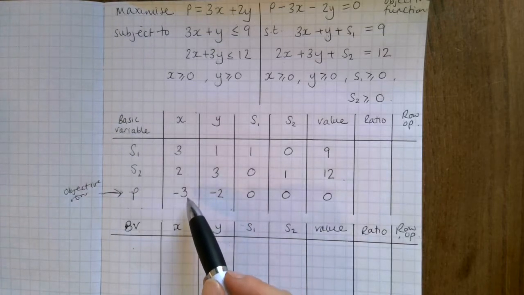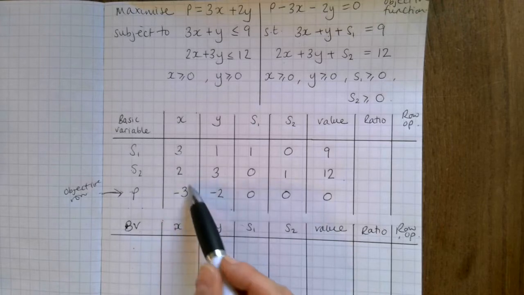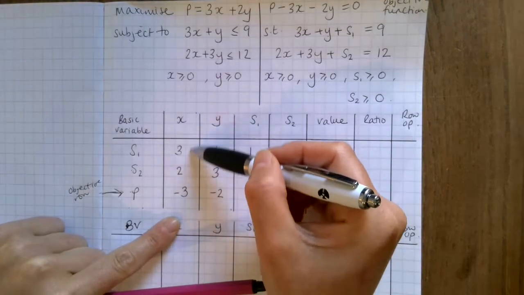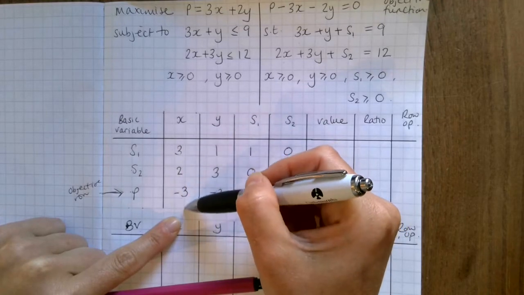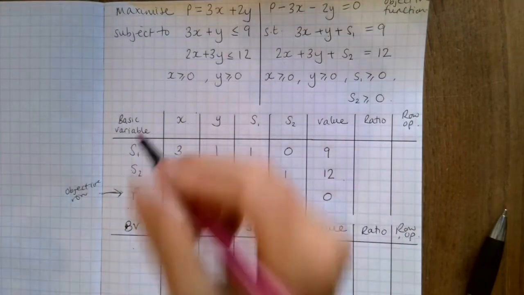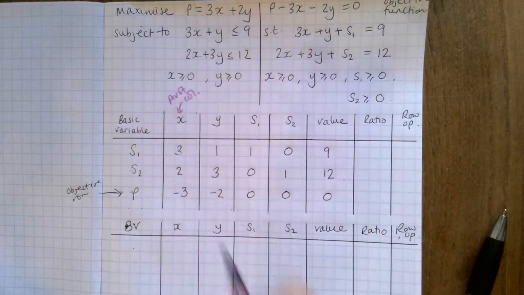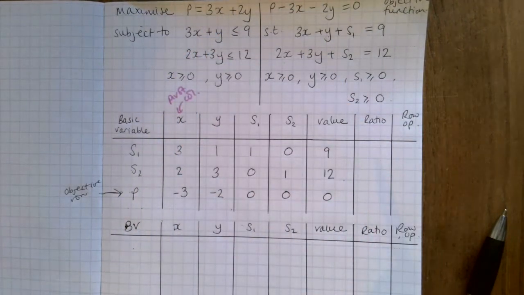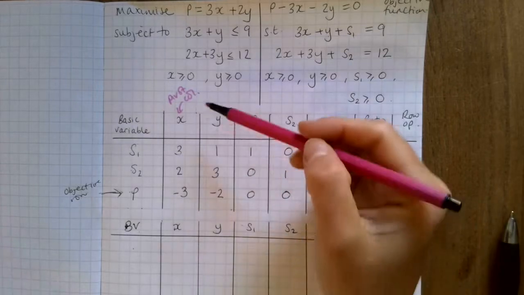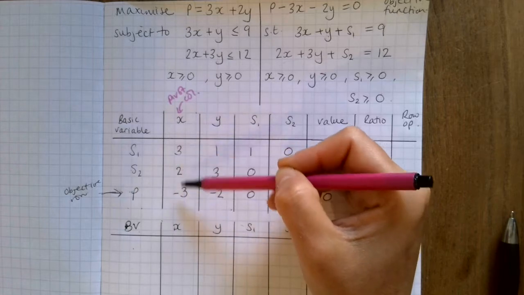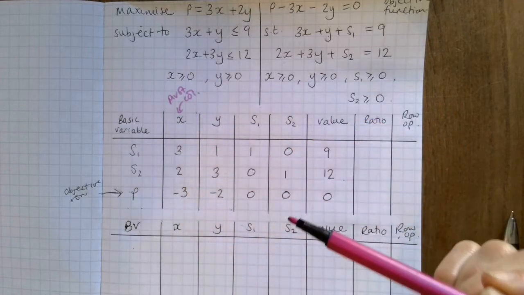And the most negative is that -3 there. So that means that the X column is our pivot column. That's important, pivot column. Now that means we know that our pivot value, or pivot element as it's sometimes called, is in there somewhere.